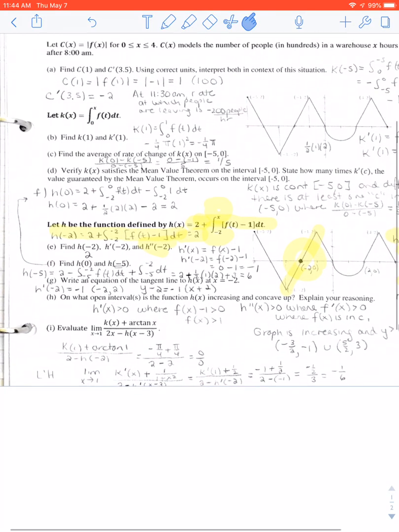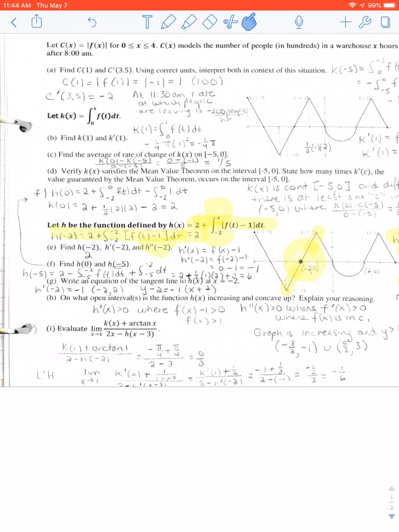Okay, the next part was f. So h of 0, similarly, I'm going to put in a 0 everywhere I see an x. And when I do that, I'll get 2 plus the integral from -2 to 0 of f of t dt, and then I'm going to separate it, minus the integral from -2 to 0 of 1 dt.